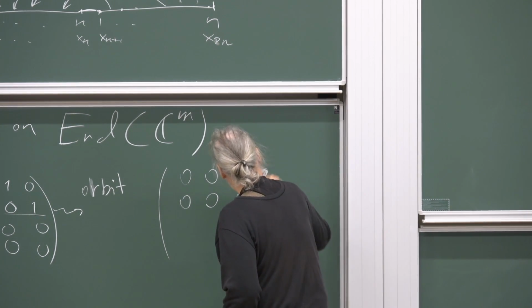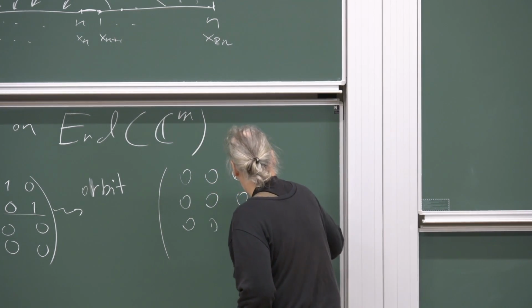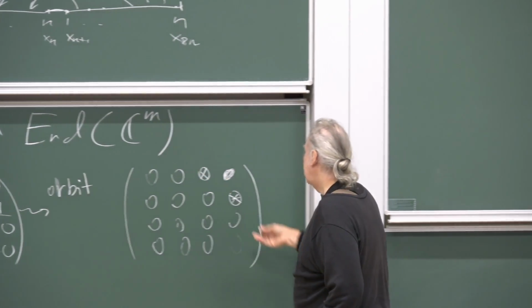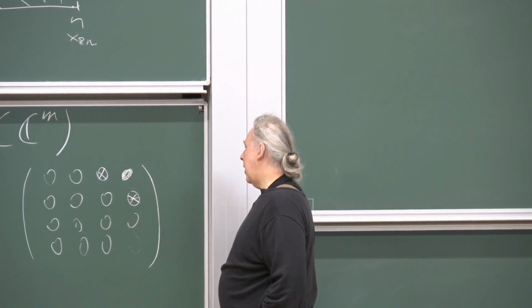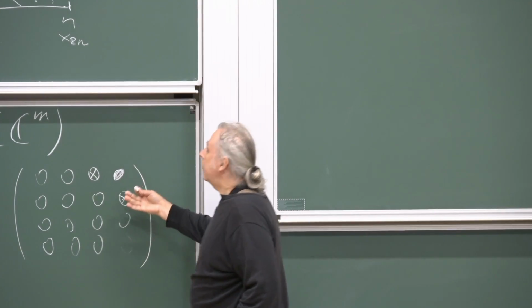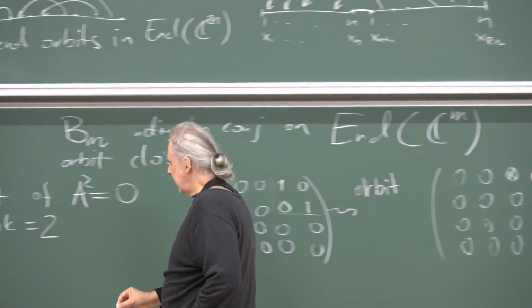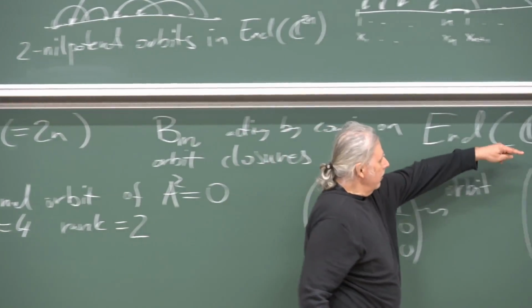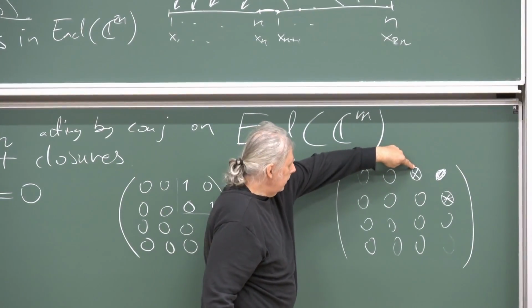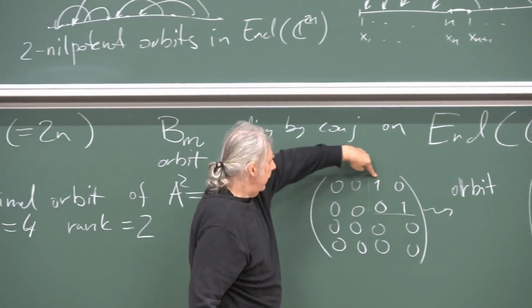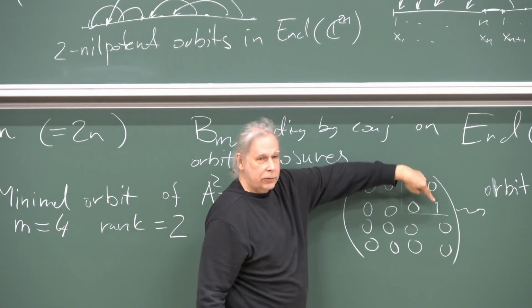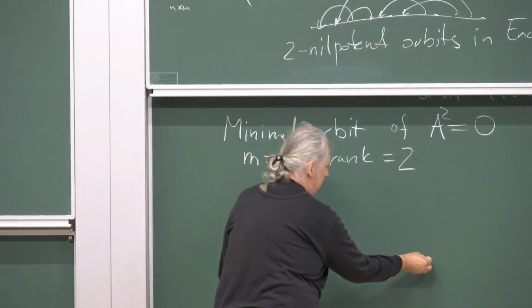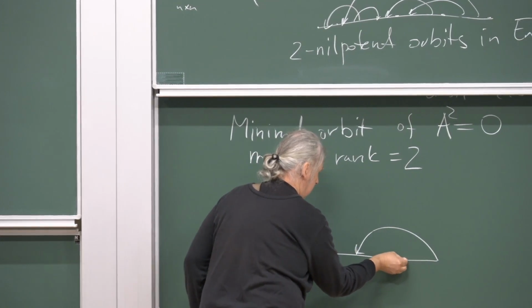This is whatever. So this is described by the linking pattern of this form. So you have the third vector goes to first, and the fourth vector goes to second. So this is like this.